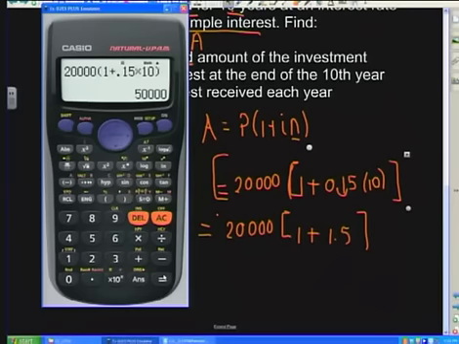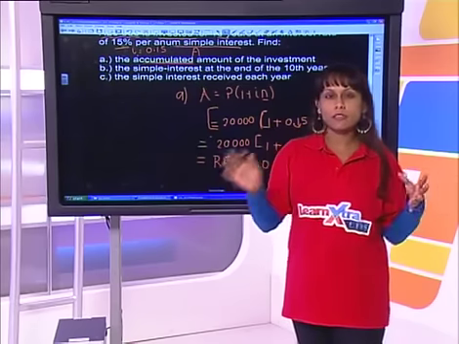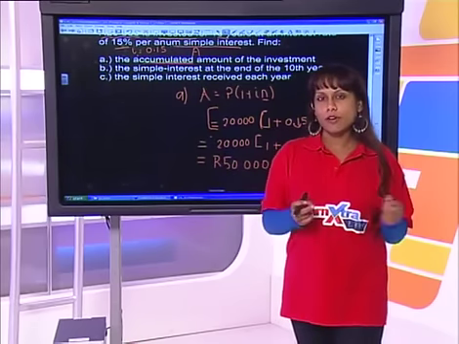So 20,000 at the end of 10 years, using a simple interest rate of 15%, is going to give us 50,000 Rand. So straightforward. We've got our final amount at the end of the 10-year period is 50,000 Rand. We've just used a straightforward application of the formula, and that's it. Just plug in the values that you've got, and you get your final amount.